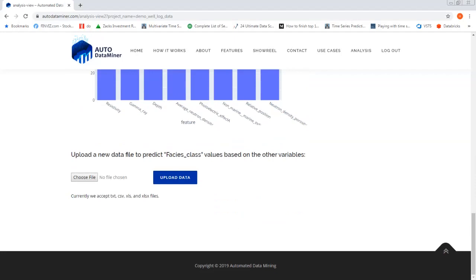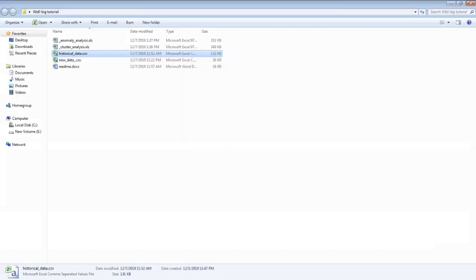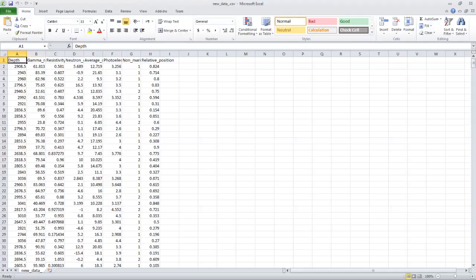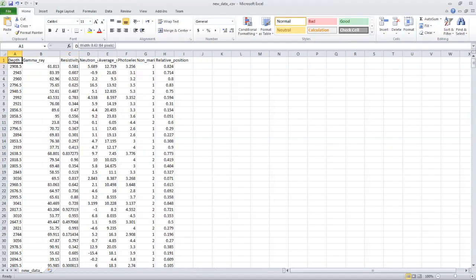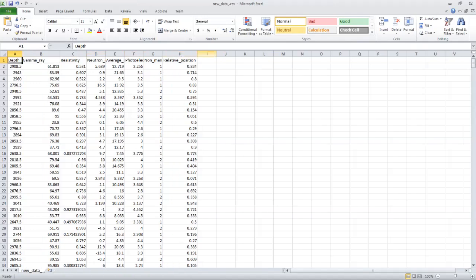And then the last step, what you can do here is upload new data, and the system can predict the Facies class for you based on the model that it already learned. If I go back to my previous data set, I had something called new data, right? If I open this new data, it has the same columns as the historical data, but I don't have the Facies class here.